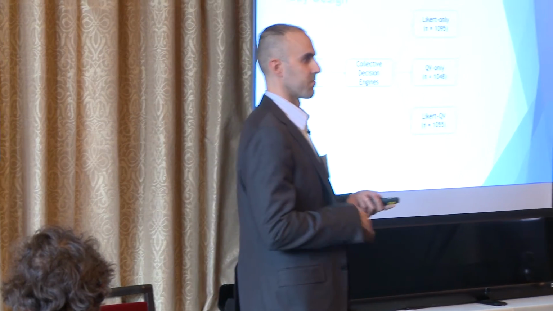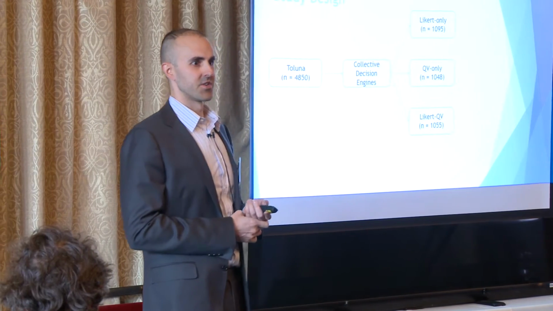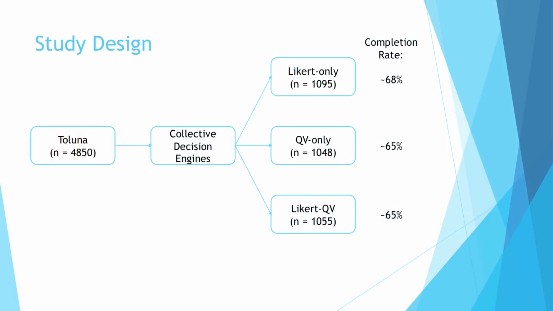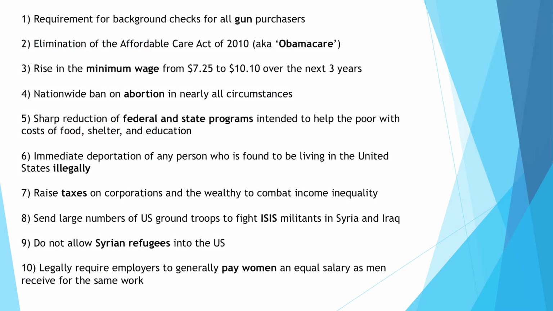Okay, so we weren't pulling out some random strange group of people and showing the methodologies were different in those two random groups. Something that market researchers care about is the completion rates of these. And it's sort of nice to see that people can complete QV at roughly the same rates as they do Likert. You might worry that there's such a cognitive demand on QV that everyone would walk away, but it's simply not true.